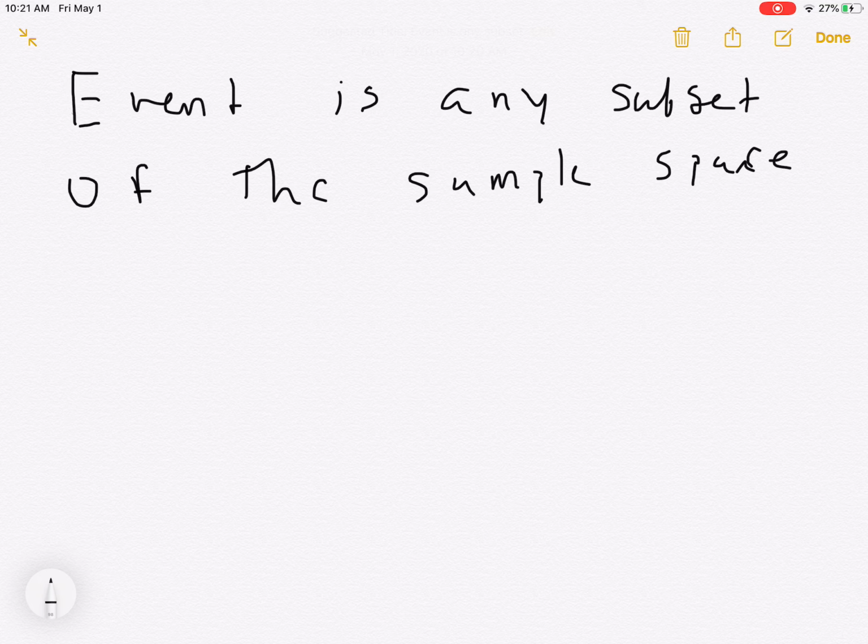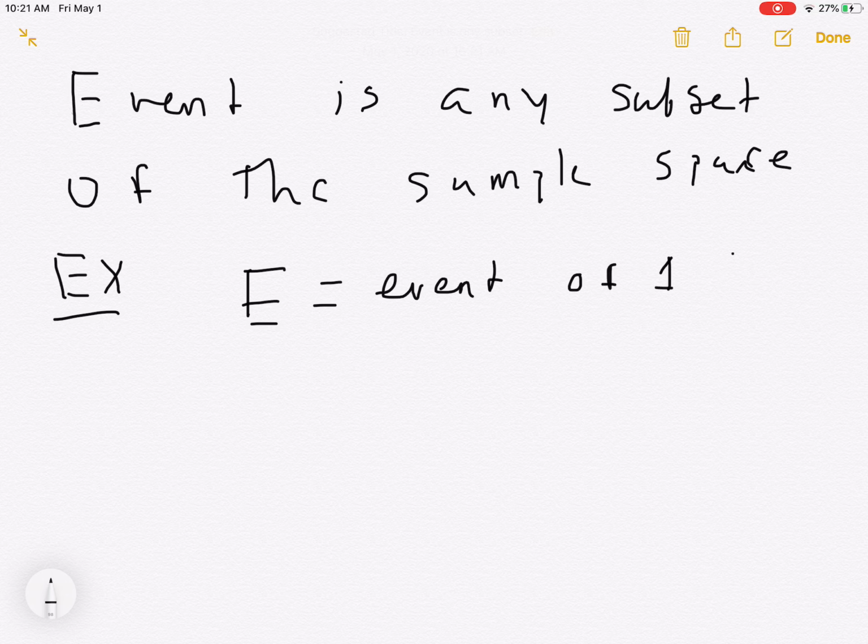Okay. So for example, an event E could be the event of one head, and that is exactly equal to the outcome x equals 1.